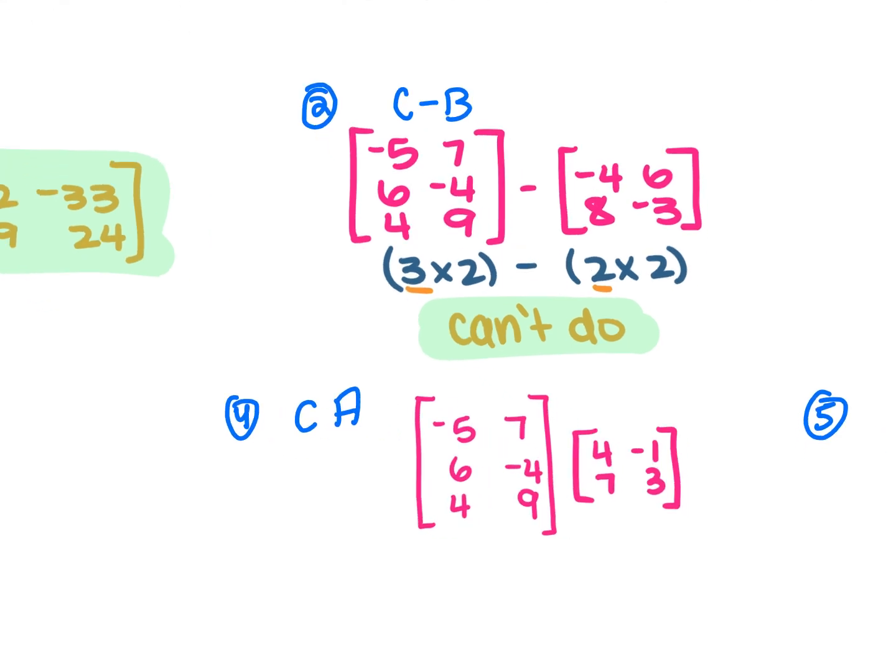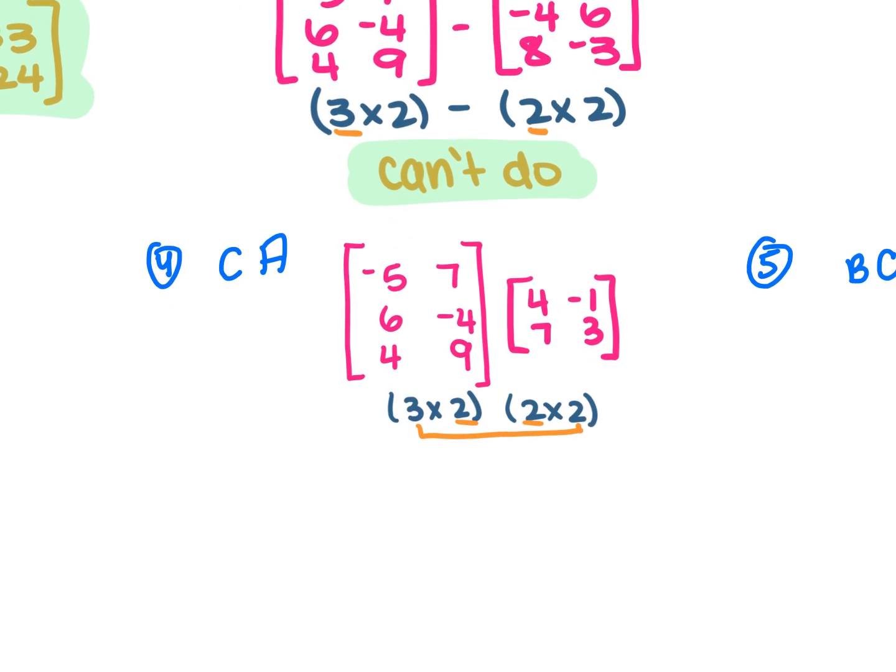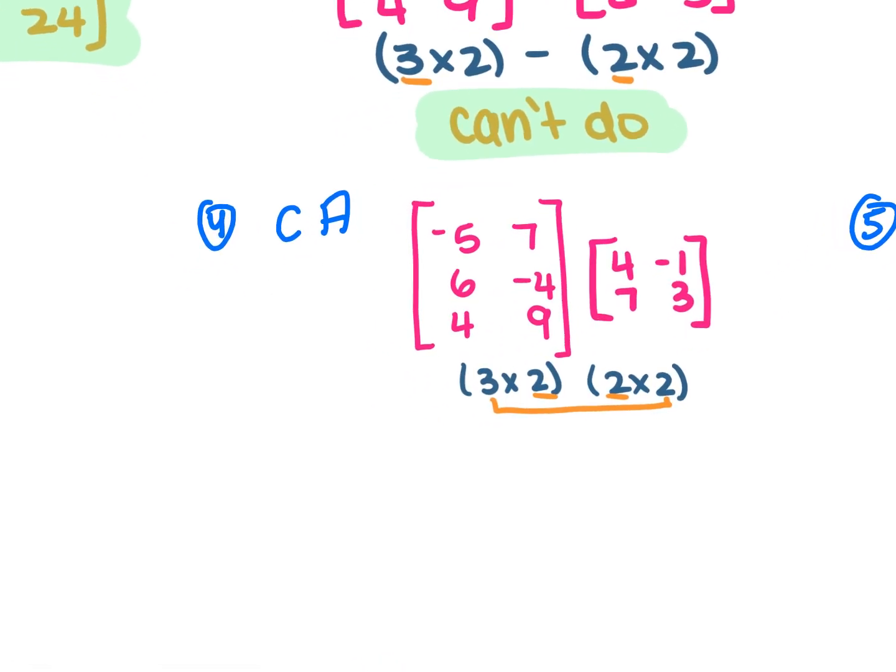So for this first, the C matrix is a 3 by 2. Your A matrix, sorry, is a 2 by 2. Your 2 middle numbers are identical, so we can multiply these. The 3 and the 2 on the outside give us the dimension of our answer. So our answer is going to be a 3 by 2.